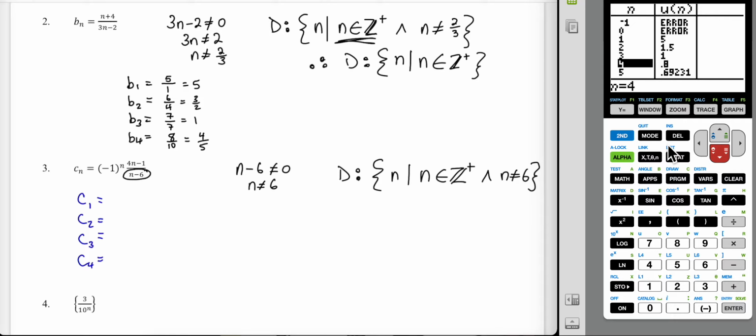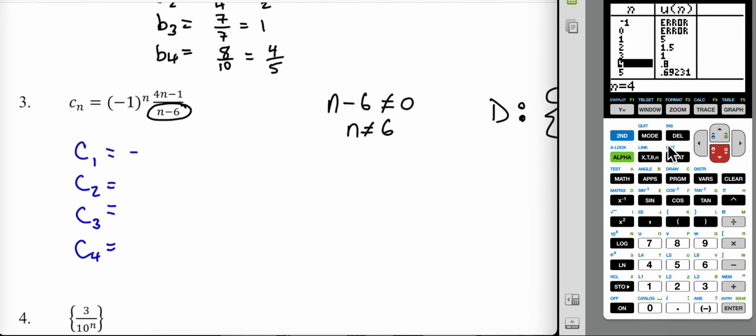So I'm going to have a -1 for all the odds, and +1 for all the evens. That's going to give us what's called an alternating sequence. It goes from negative to positive to negative to positive, and so on, or maybe the other way around. Plug in a 1 for n in the numerator, you get 4 minus 1, which is going to give you a 3 over -5. So we're talking -3/5.